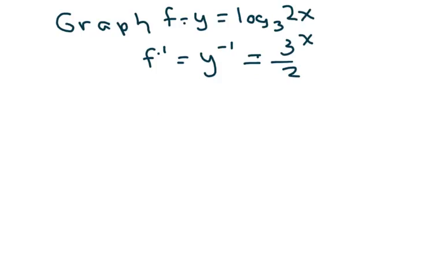Now we have to graph it. So basically what I did is I went ahead and found the inverse for you on here. Remember the inverse, you just switch the x and the y's and solve. So this is the inverse, and I'm going to do a table of values.